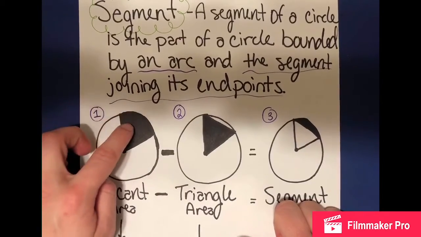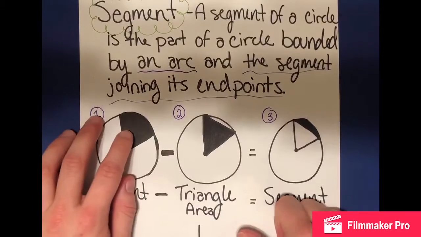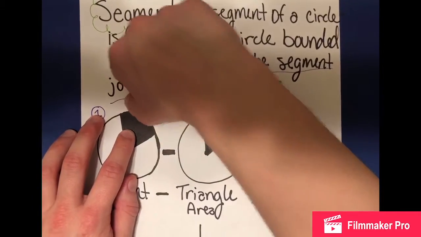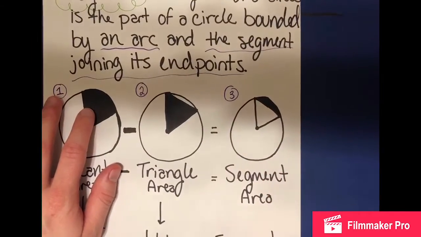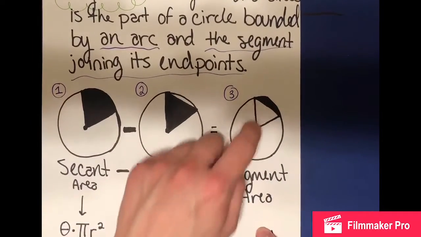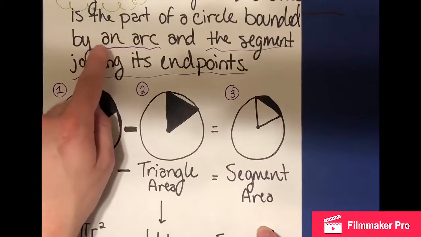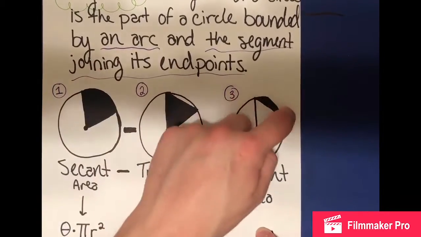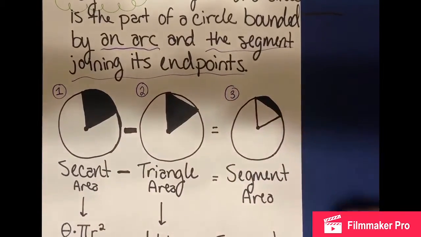But if I subtracted this triangle off from here, you're left with just the little arc in there, which is what we're going to be talking about today, which is the segment area. So it's just this little area, and it's between the arc and the segment joining the two endpoints, okay?